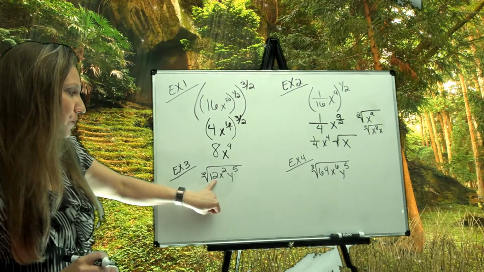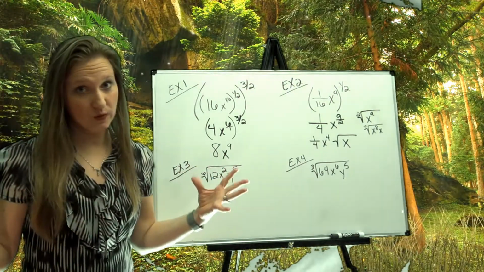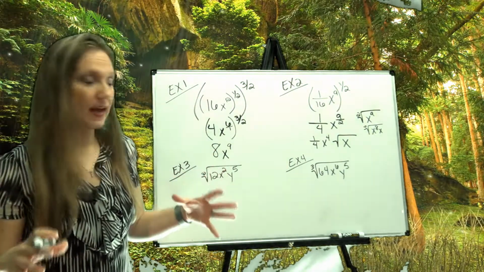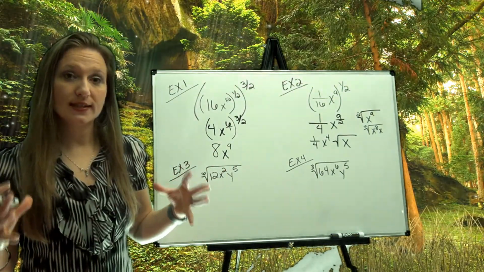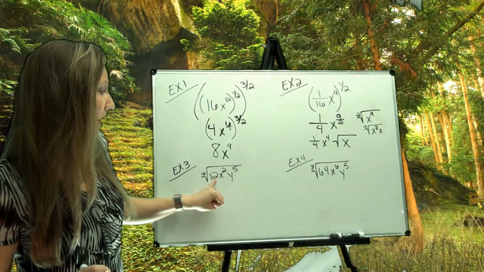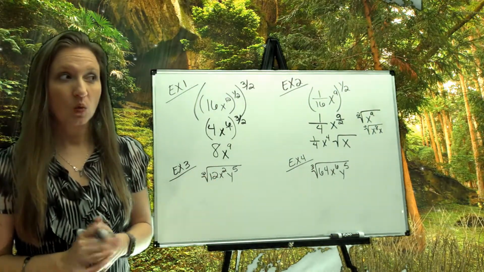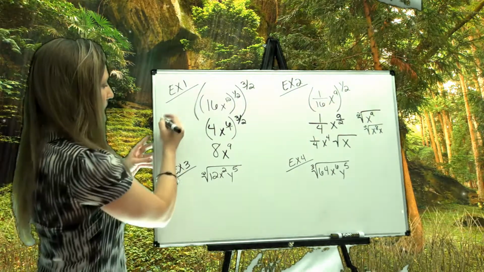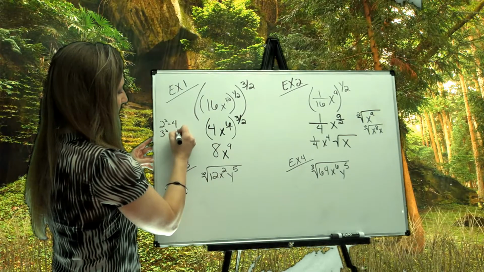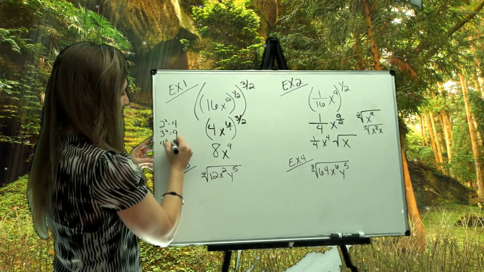Now, the square root of 12 will give us a long decimal if we type it into our calculator, and we do not want a decimal answer when we're reducing radicals. We want to try to see if there is a perfect square, because we're doing a square root, that will divide into 12. Well, if you think about our perfect squares, 2 squared is 4, 3 squared is 9, 4 squared is 16.